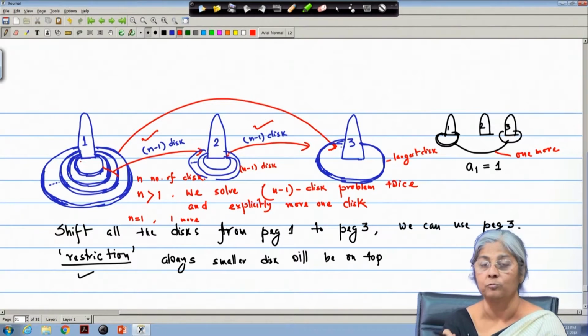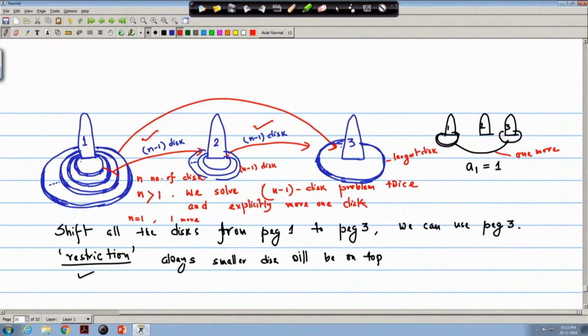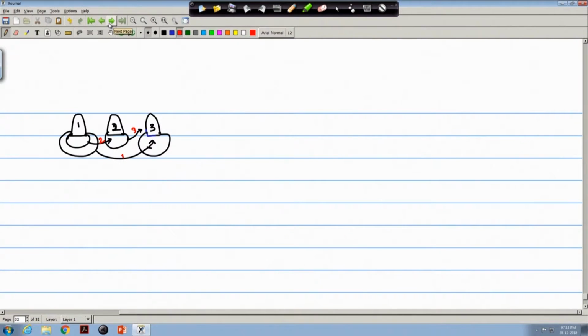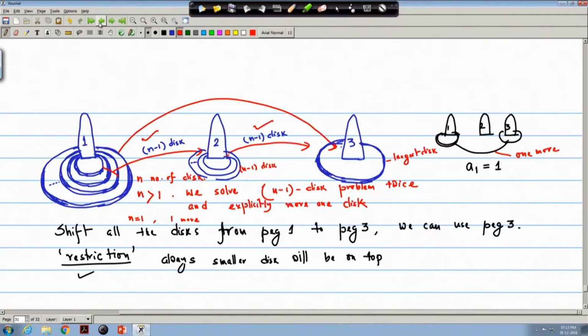That means we can move in this way. So, now how can we give the recurrence relation for this problem? The recurrence relation, that just now what I told, that we have to solve the n minus 1 disk problem twice.